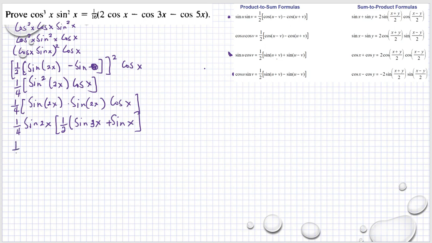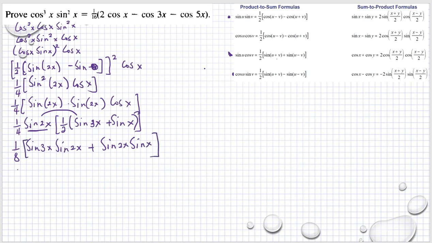Now we have 1/8, that is sine 3x sine 2x. If we multiply in 2x to both terms, plus sine 2x sine x.